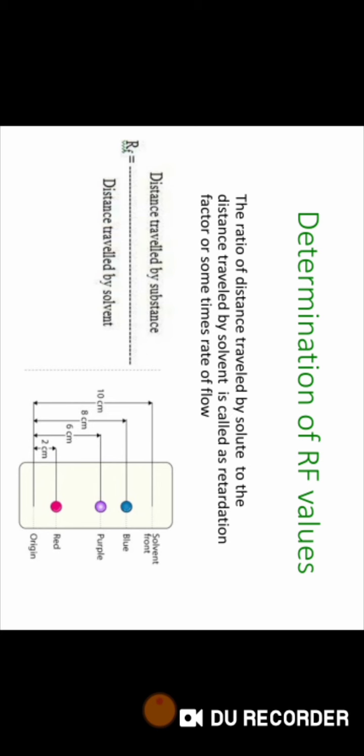By placing these values in the formula, 8 divided by 10, the answer will be below 1. And one thing you should remember is that the RF value is always below 1. Whatever the answer is, that will be the RF value for the blue spot. In this way we can calculate RF values for the purple component and red component also.